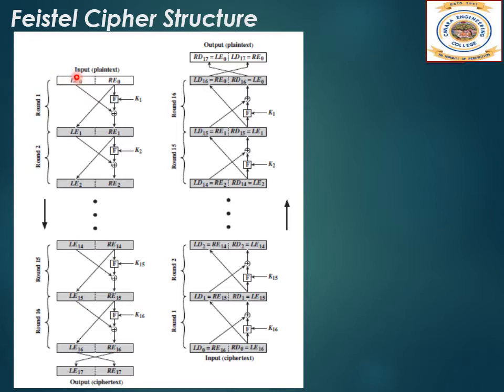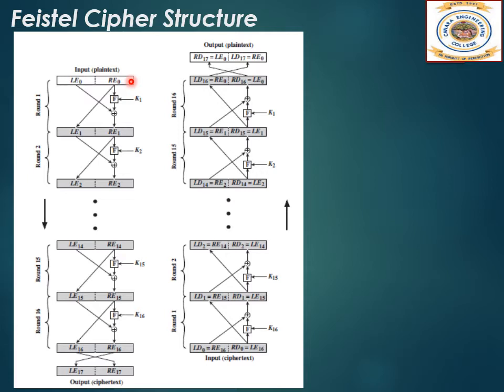Here the left hand side of the figure depicts the structure proposed by Feistel for encryption. The inputs to the encryption algorithm are a plain text block of length 2w bits and a key K. The plain text block is divided into exactly two halves, L0 and R0.